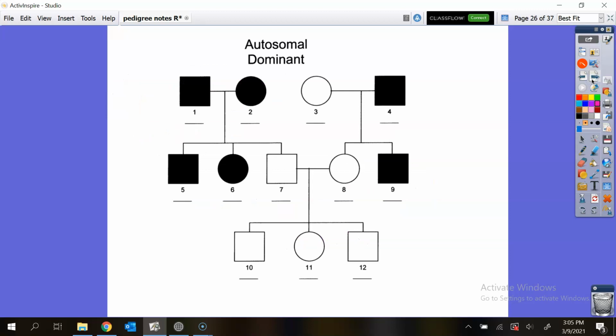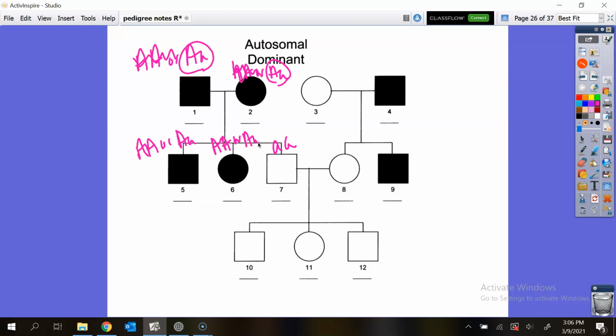Okay, so again, affected individuals are either AA or Aa. Now, they have three kids. This kid does not have it, so they would be aa. These kids do. So in that case, both of the parents would have had to be heterozygous if they had a child that does not have it. And then these kids could be either, potentially.